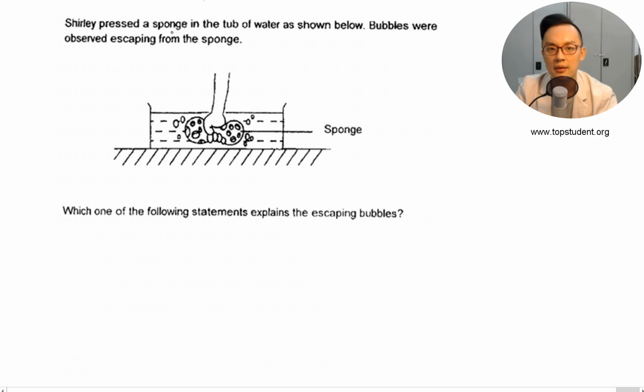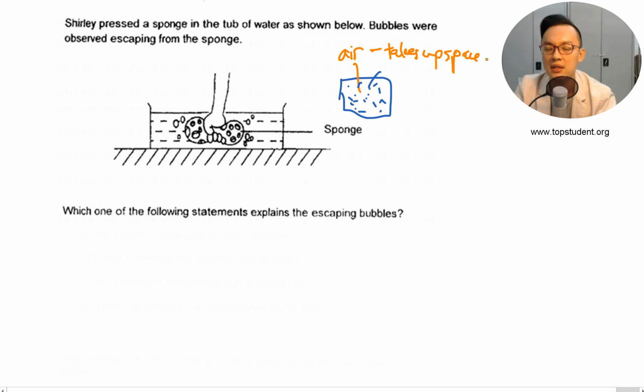Shirley pressed a sponge in the tub of water as shown below. Bubbles were observed escaping from the sponge. Which one of the following statements explains the escaping bubbles? Even before we look at the answers, we know that this is a sponge, and there are a lot of holes in the sponge, and there is air trapped in the sponge, and air takes up space.